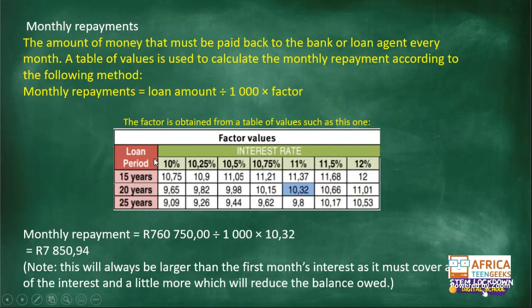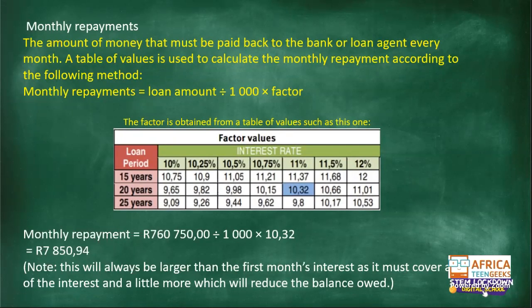If you look at the loan period here, it's 15 years, 20 years, and 25 years. And of course, you also have your interest rates in bold. The first one there is 10%, 10.25%, 10.5%, 10.75%, right up to 12%. So now those are the interest rates.